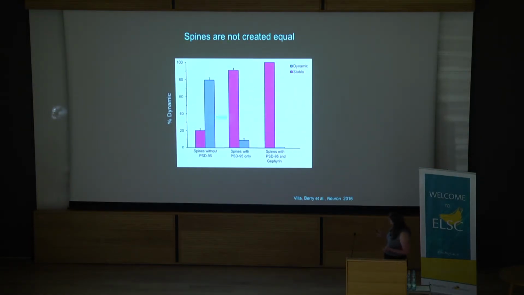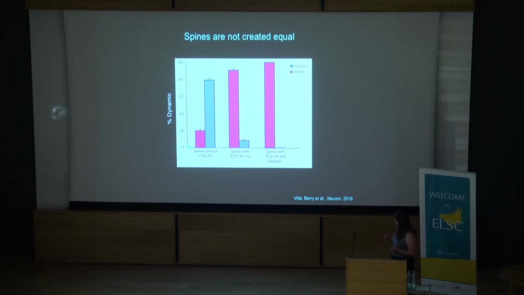Looking at the excitatory inputs, which is basically the spine. We've had several talks here where people have used spine dynamics as a measure of plasticity. What we see here is that not all spines are equal.